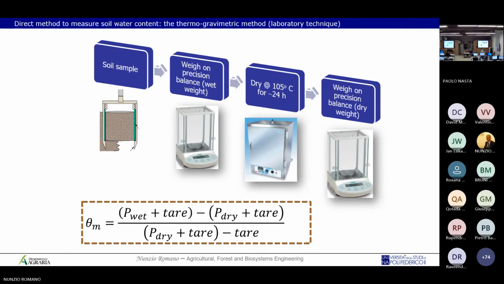Because I think PVC cores at 105 degrees in the oven is a problem. Probably, I don't know why they have to collect soil samples in PVC instead of metal. No, I can understand. Instead of metal, PVC is cheaper, Paolo, than obtaining the steel cylinder.